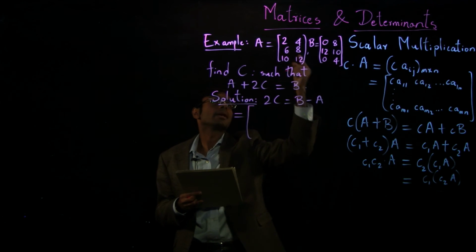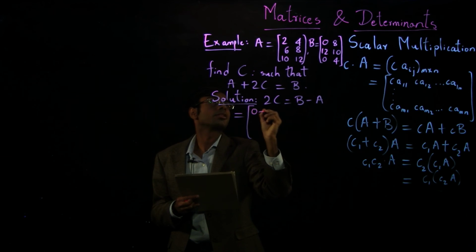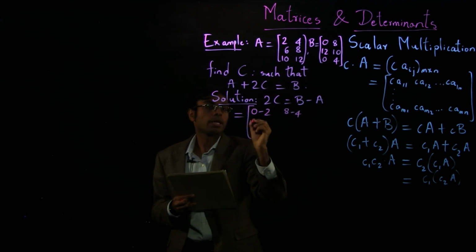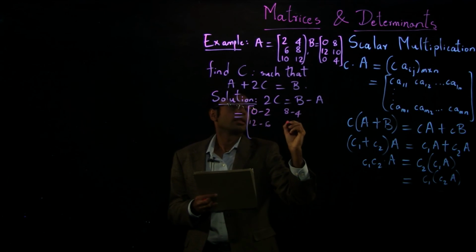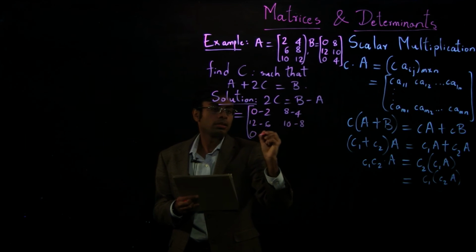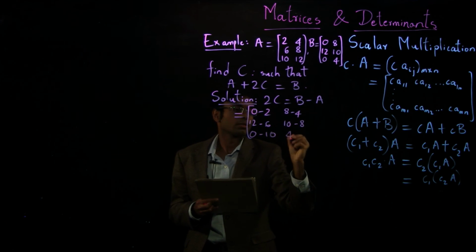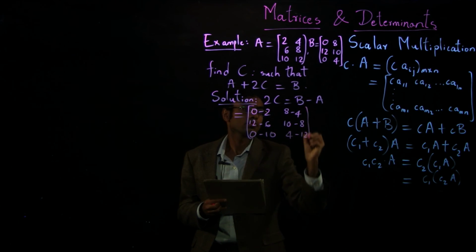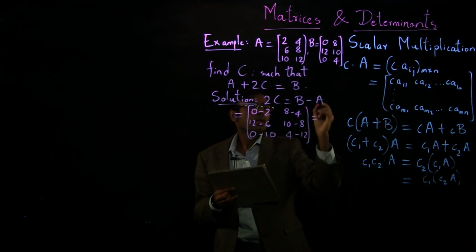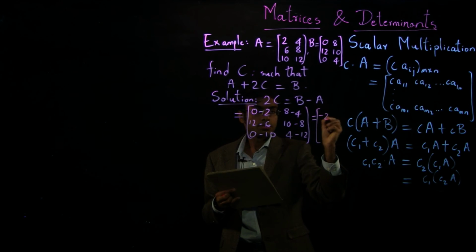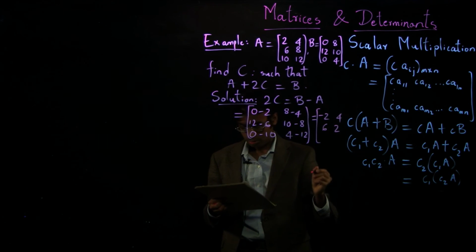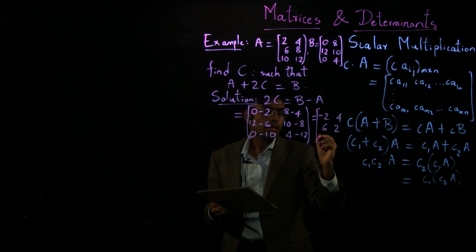Doing it on an element by element basis would be 0 minus 2, 8 minus 4, then 12 minus 6, 10 minus 8, then 0 minus 10, and 4 minus 12. That would give you minus 2, 4, 6, 2, minus 10, minus 8.